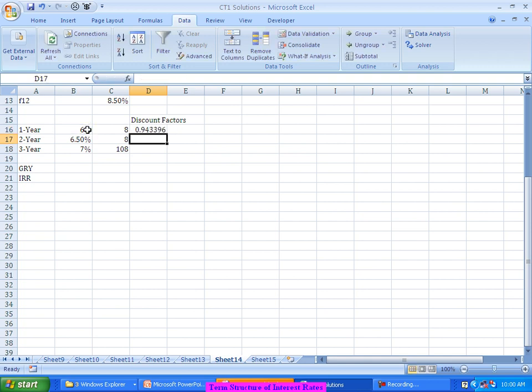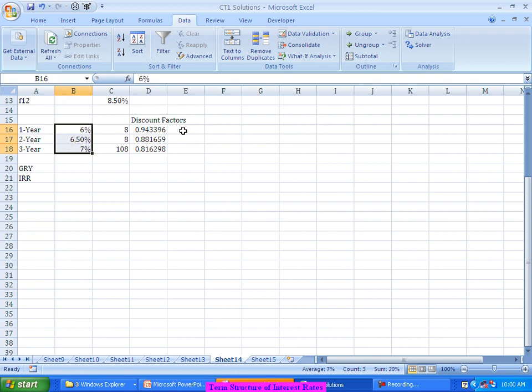This is the discount factor. 1 by 1 plus this particular spot rate to the power 2. 1 by 1 plus this particular spot rate to the power 3. These are the discount factors associated with each of the 3 periods based on the spot rates.